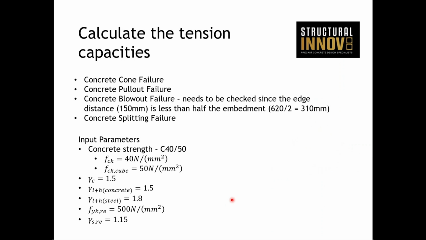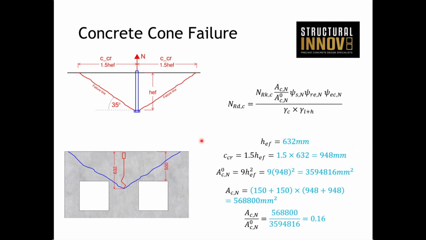For the tension capacities, the only thing that changes in terms of the input parameters is the concrete strength. We're now on site and we have C40/50 on site. So we have to look at the depth of the anchor into the concrete and what kind of concrete cone would develop. Into the page, we only have 300 millimeters of thickness, so we're going to be confined by that anyway.